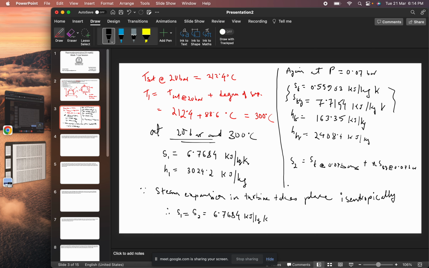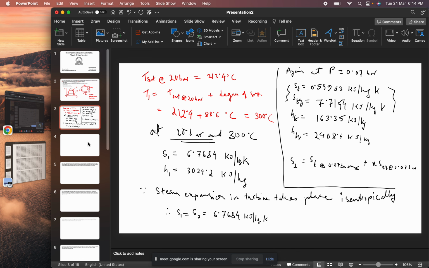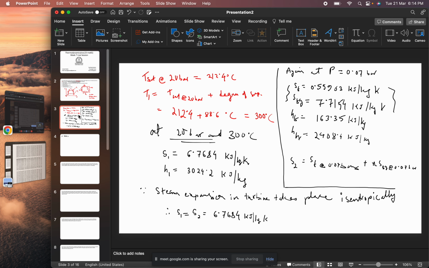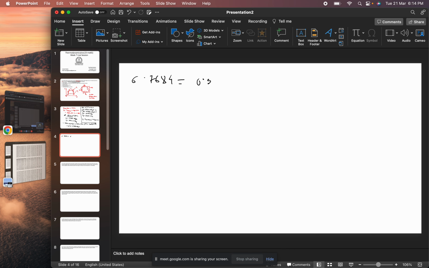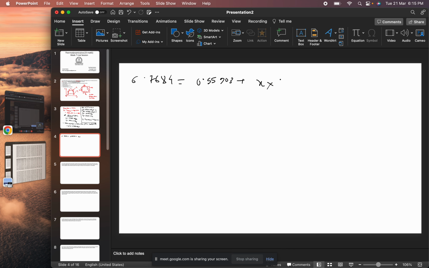Okay, now what I can do, I will just replace it: 6.7684 will be equal to 0.55903 plus x times 7.7154.